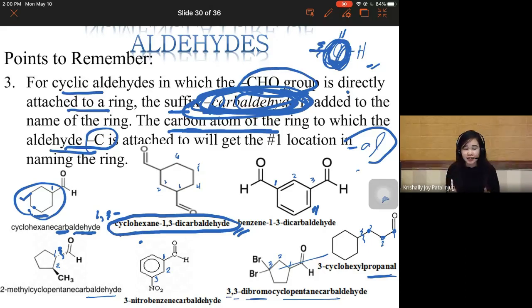Equivalent na siya sa in, sa ol, sa ene, ene. Unsa pa to atong mga topic nga mga suffixes to indicate nga naa na siya nga functional group. So ang carbaldehyde medyo taas-taas lang siya ninyo na-encounter kasi nga aldehyde is a long word, di ba? So this is applicable for cyclic nga aldehyde.